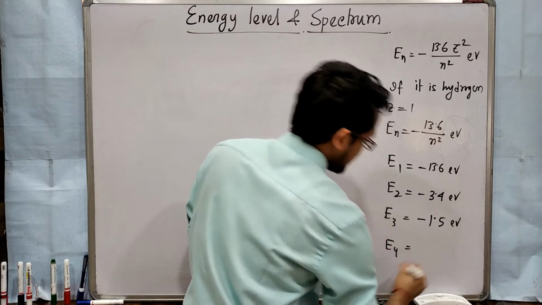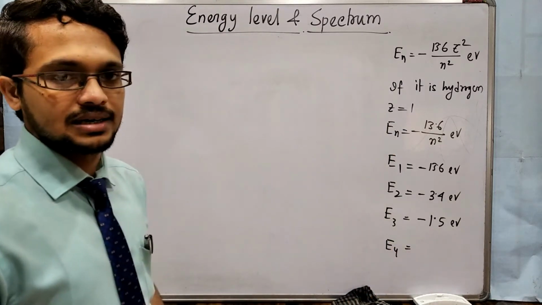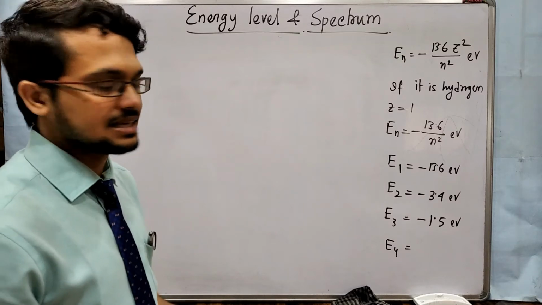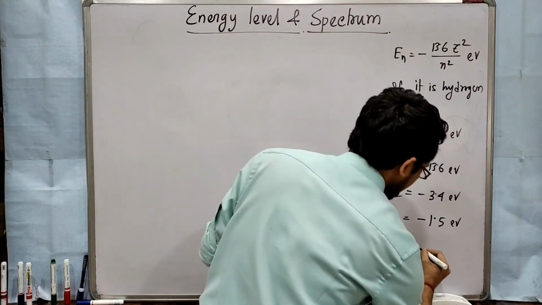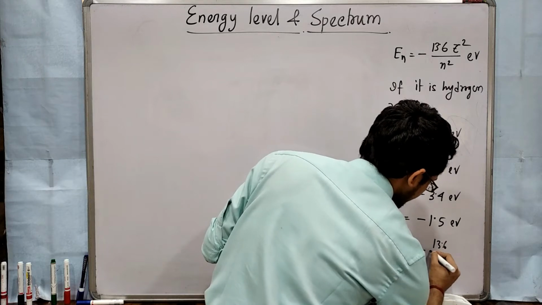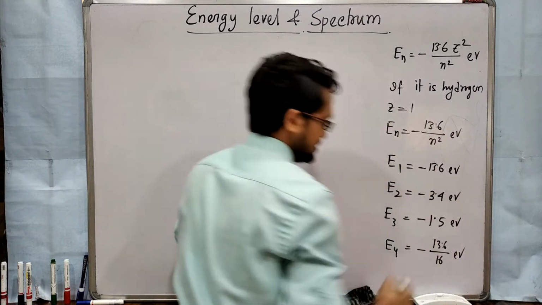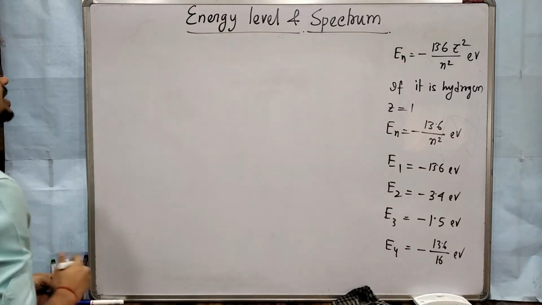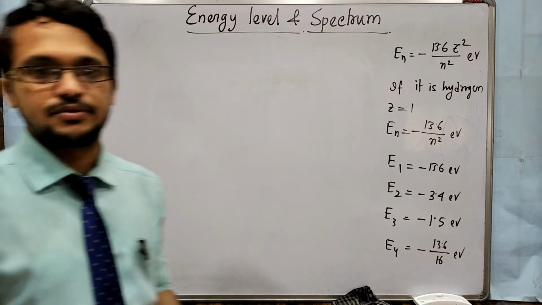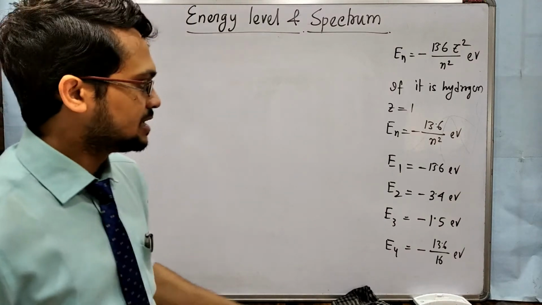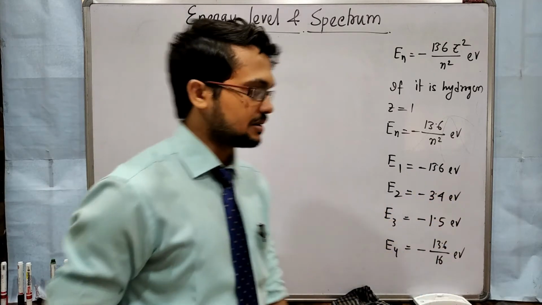E4 you will get minus 13.6 by 4 square, 16. In that way you can calculate the energies. Whenever you are asked to draw the energy level for hydrogen atom, always mention the energies for the different levels.